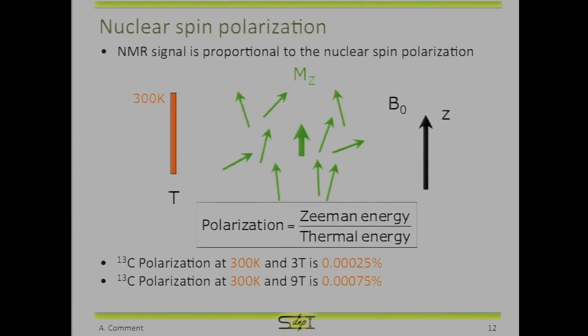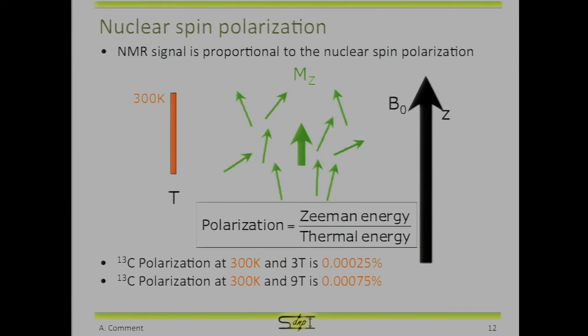But you have to fight, the spins will slightly orient, but you have to fight the thermal energy, okay? And to fight the thermal energy, you try to increase the field to get higher polarization. Nevertheless, as you can see here in this number, at 300 Kelvin and 3 Tesla, okay, so in vivo, 3 Tesla is a clinical field nowadays, you have 0.00025% of polarization.